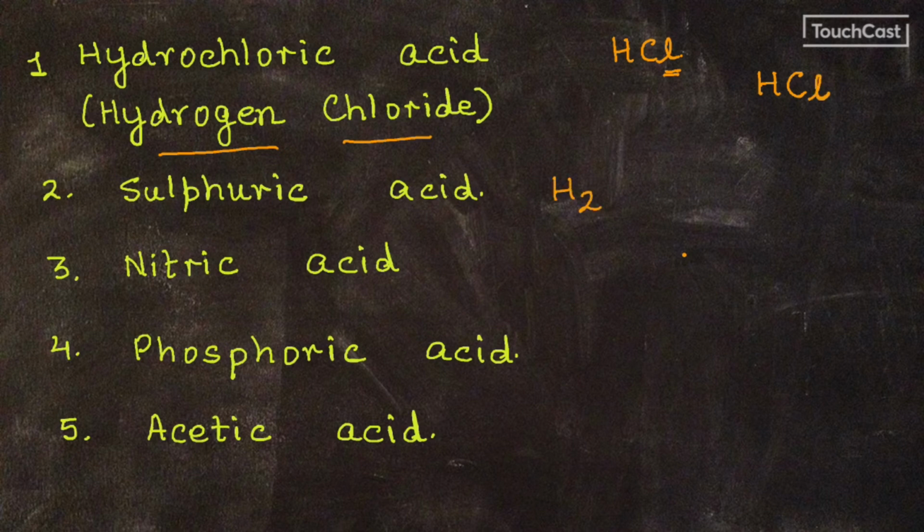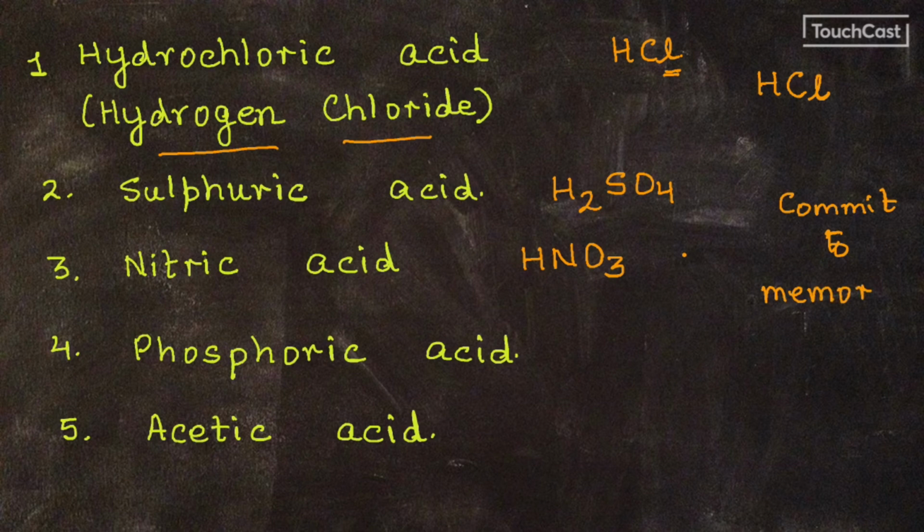Sulfuric acid is nothing but hydrogen sulfate, but you will everywhere find it written as sulfuric acid, H2SO4. Nitric acid, HNO3. Now, these are some of the formulas that you will have to commit to memory so that you can recall and use them easily while studying more topics in chemistry.